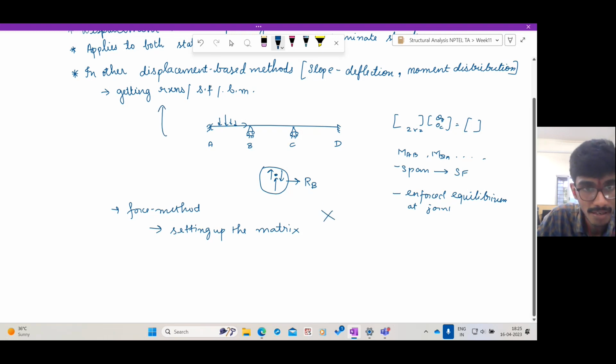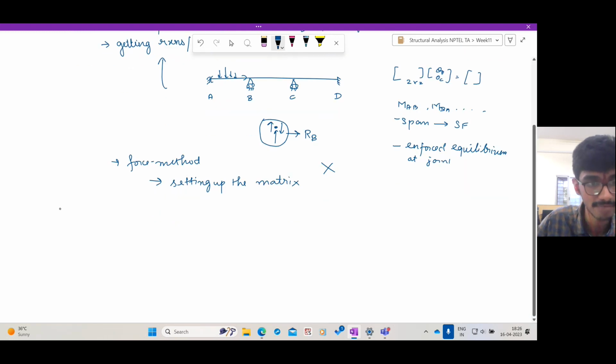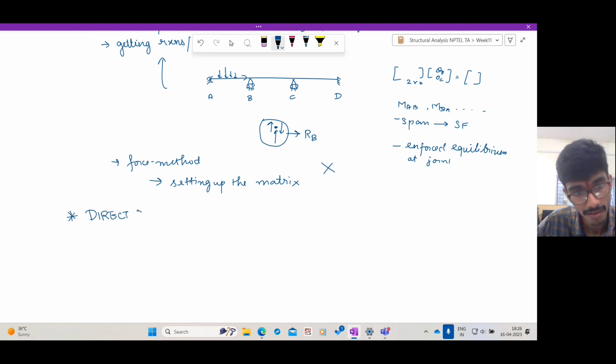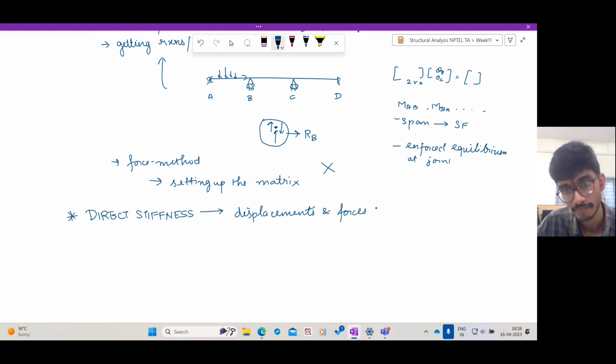Displacement-based methods can be programmed, but the post-processing of the results to get various internal forces and the support reactions is not straightforward. But in the direct stiffness method, we get the displacements and the forces in one step.